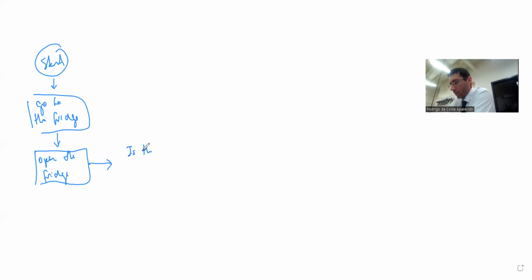Is there milk? All right, so this can go two ways. That's why this is a diamond. I can have what if yes and what if no. Correct? So is there milk?